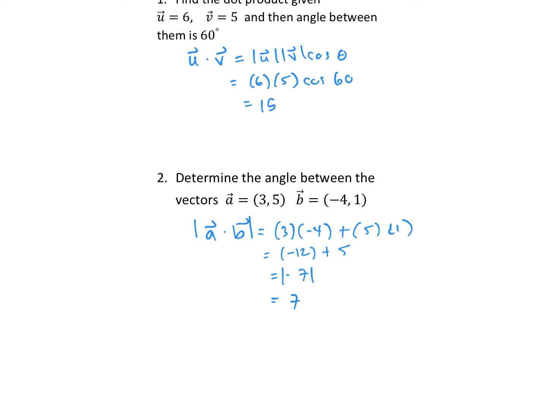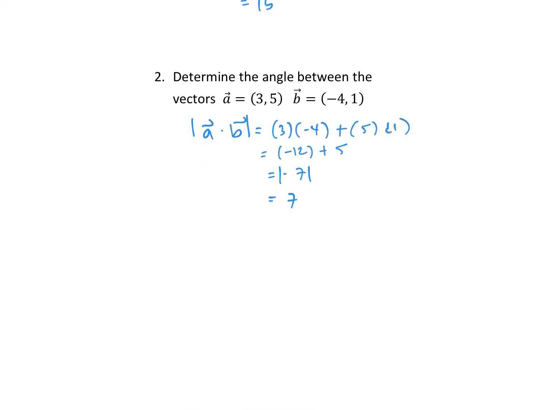So remember that A dot B, let's move this up a bit, is equal to the magnitude of A times the magnitude of B times cosine of the angle between them. So this time we want the angle. I've just found A dot B, and it worked out to be negative 7.